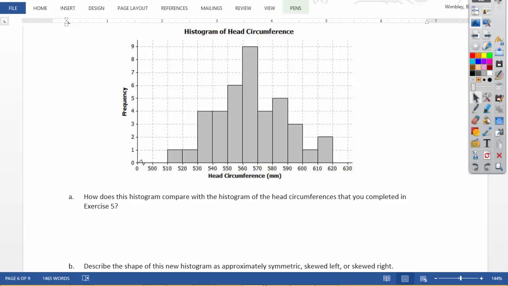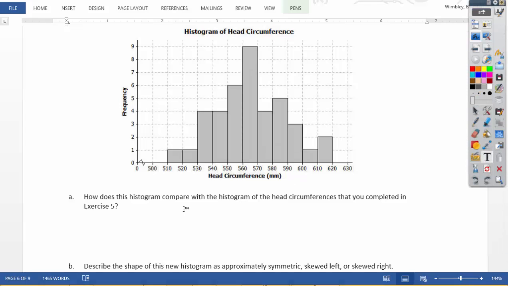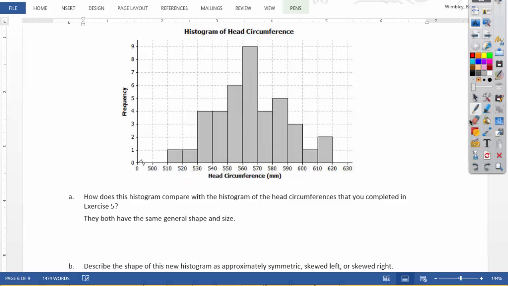Well, there's several things, but this is one thing we should notice. They both have the same general shape and size. How do we know they have the same general size?